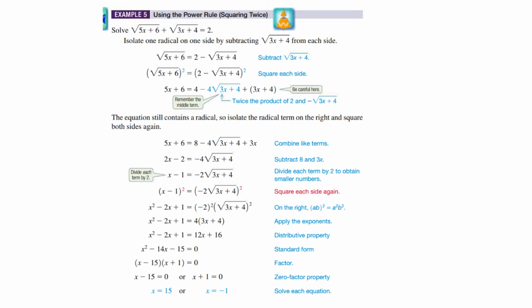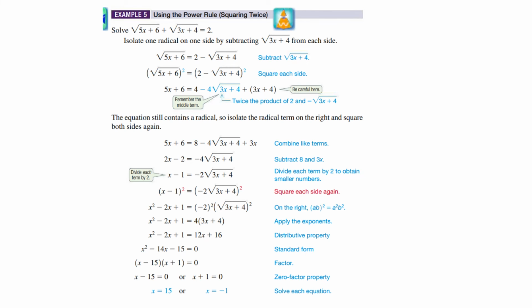But the equation still contains a radical. And so what we're going to work to do is isolate the radical term on the right and square both sides again. So we will have, combining some like terms here, 5x plus 6 is equal to 8 minus 4 times the square root of 3x plus 4 plus 3x.